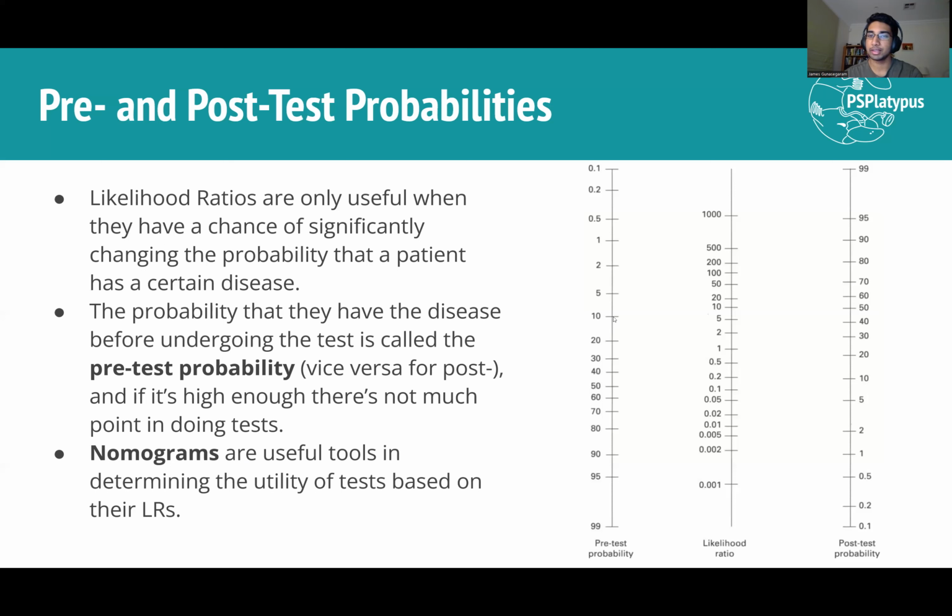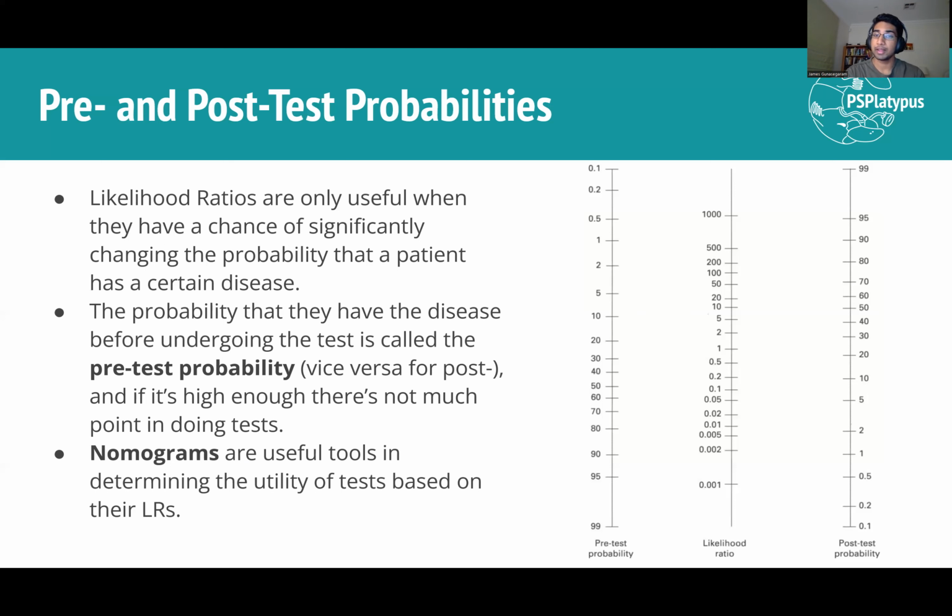So if we do that and we give it to our patient and we get a positive result, if we draw a line from 10 to 50, you can see that it's going to draw a line straight all the way to about 85%. So that's a really, really useful test because it means that we can find a patient who has a very low chance of the disease and then do the test and have a really high degree of confidence that they do have the disease.